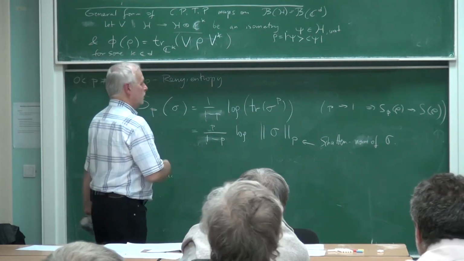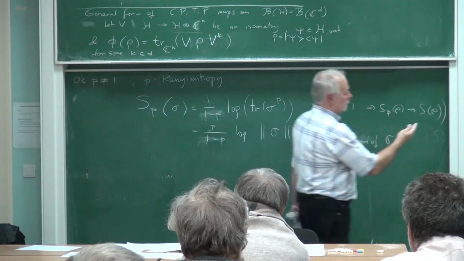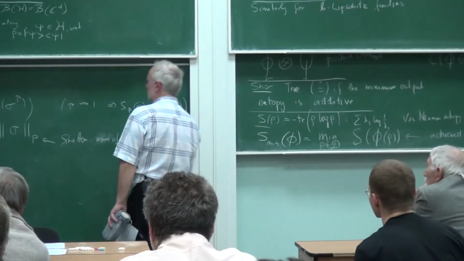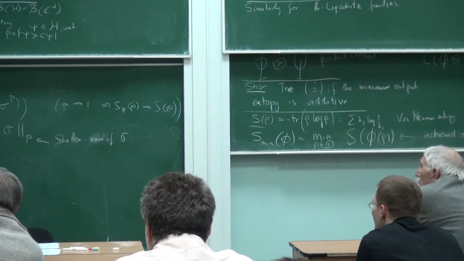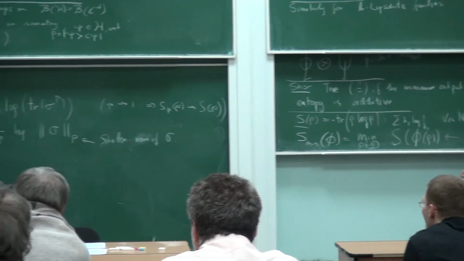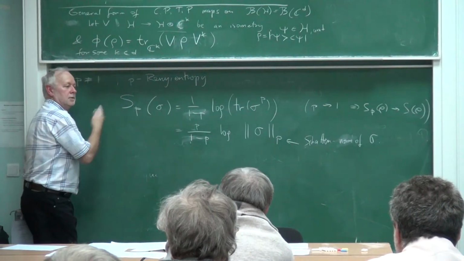Okay, so now the auxiliary question here is: is the minimum output Renyi entropy additive?